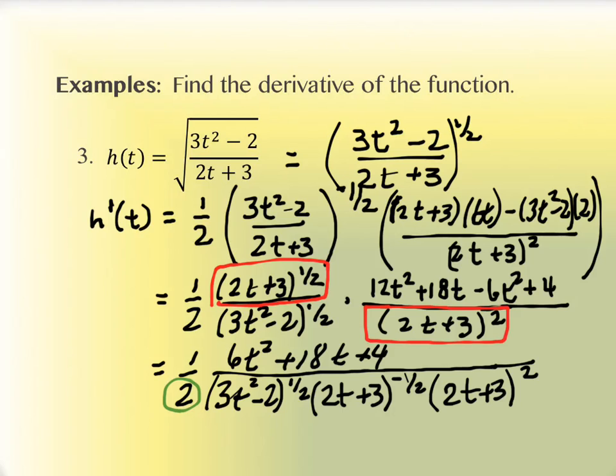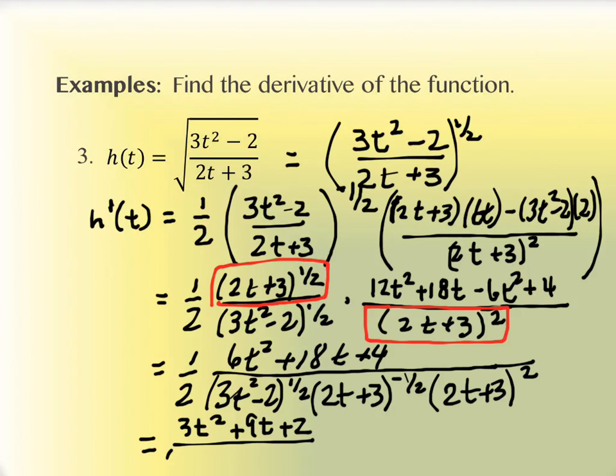Okay, say that a little bit louder, Jamie. Simplified from the top. Yeah, that 2 that's there can be simplified with the numbers up here because they all happen to be even. It wouldn't have had to be even. They just happen to be in this particular problem. So we can actually simplify those pieces as well. So this 1/2 will reduce, I would actually get 3t squared plus 9t plus 2 on top.